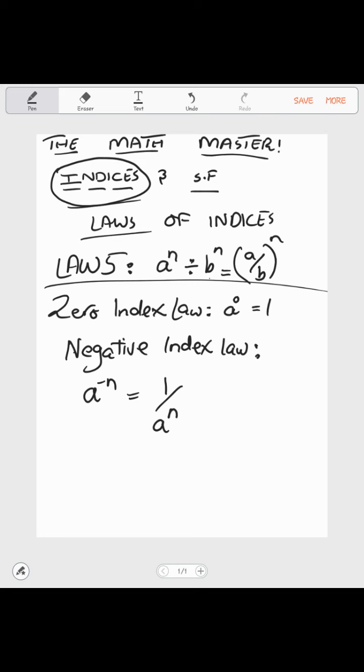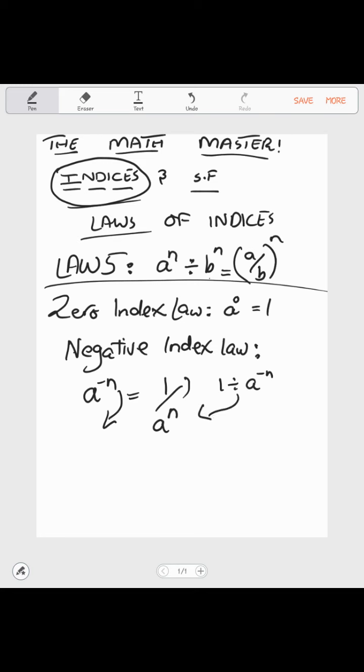Now simply what we have done over here is, if the power of a number is negative, you can divide 1 by that number, doing a reciprocal, which is known as the negative index law. Once a number is shifted to the denominator, 1 divided by a to the power minus n, it would give you this.